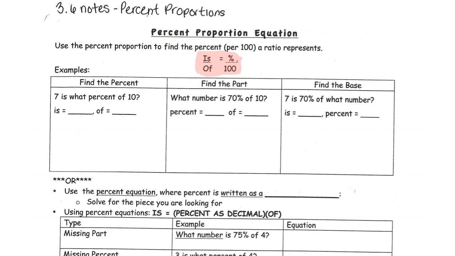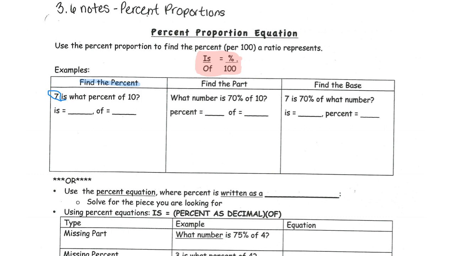Okay, so let's look at that. The first question is, we have to find the percent here. 7 is what percent of 10? So what is our is value? That's a good question. When I see the word is, I look at the number in front, and that's what represents our is.